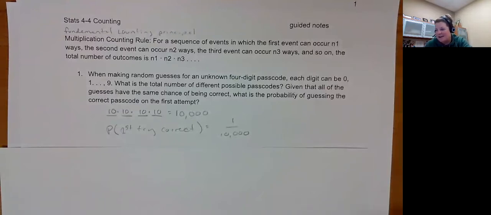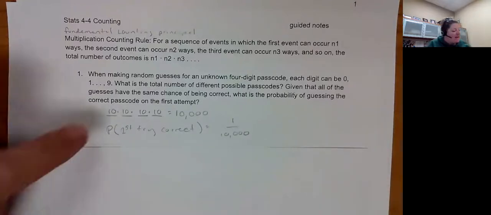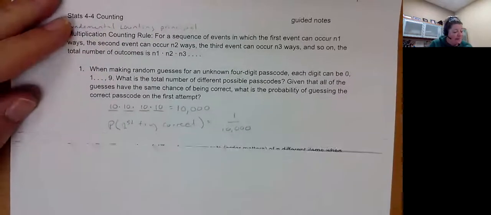Yeah, there's 32, right? Whatever. So you would have however many ways for the letters times 10 times 10. So you could mix it up and not every single one be the same number.